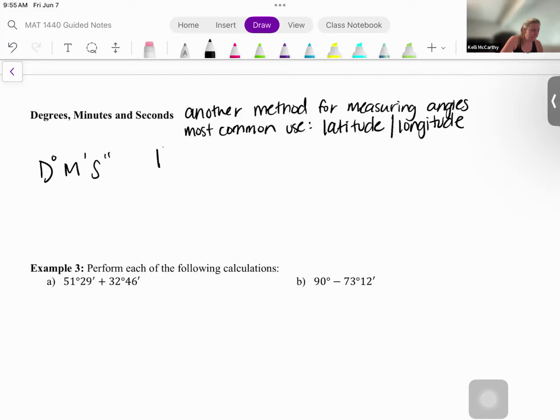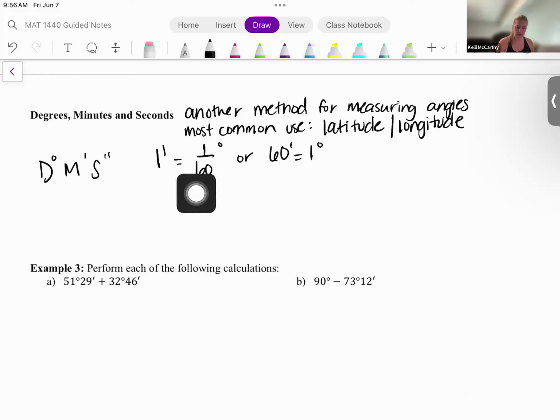We know that 1 minute is equal to 1 over 60 degrees, or 60 minutes is equal to 1 degree.